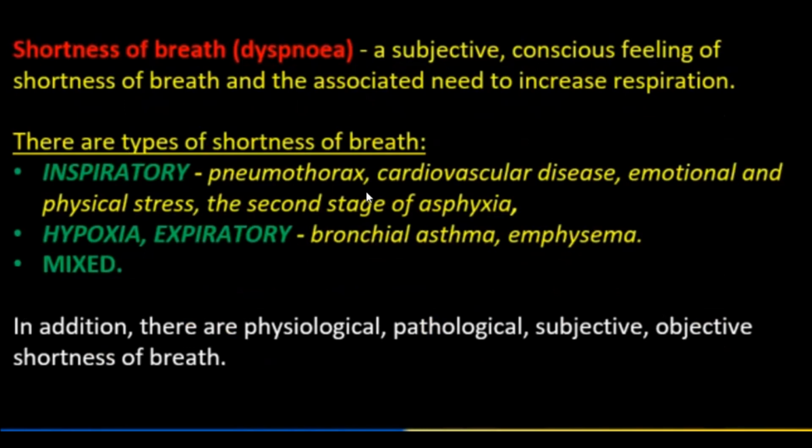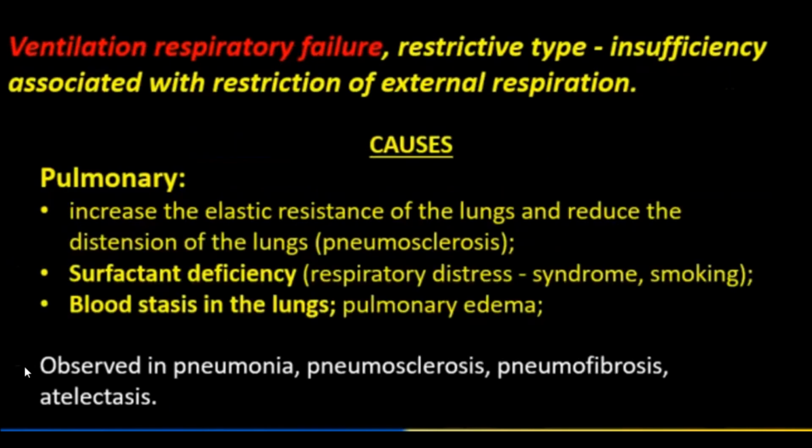Inspiratory occurs in pneumothorax, cardiovascular disease, emotional and physical stress, and the second stage of asphyxia. Expiratory occurs in bronchial asthma and emphysema. In addition, there are physiological, pathological, subjective, and objective shortness of breath.